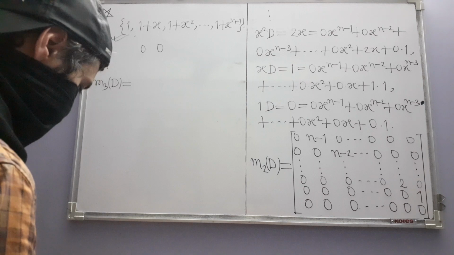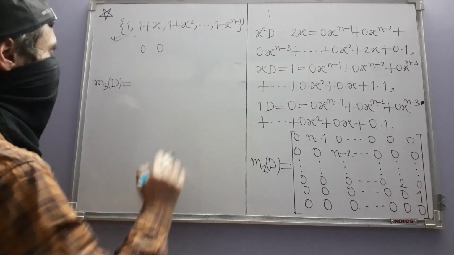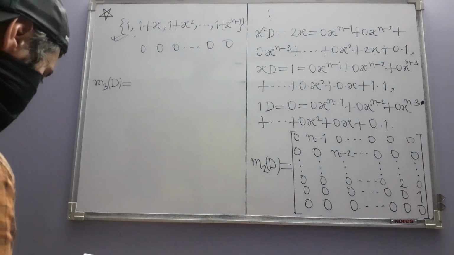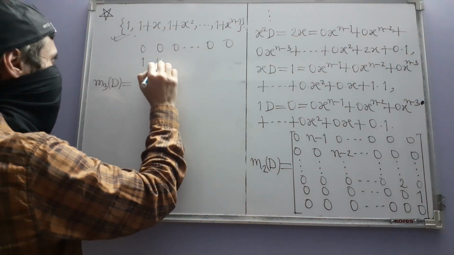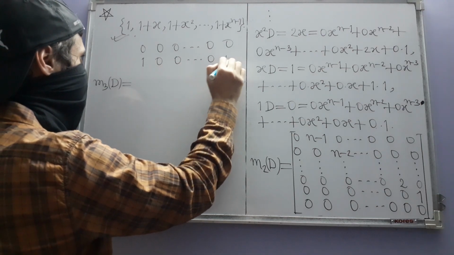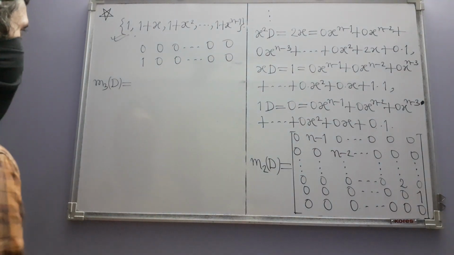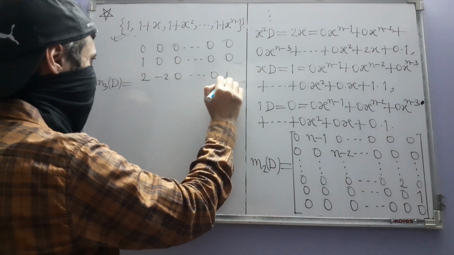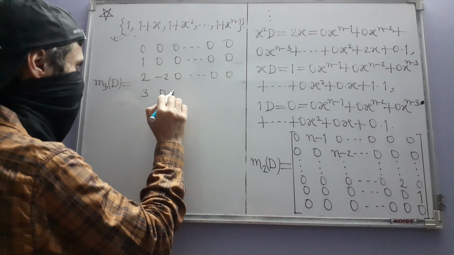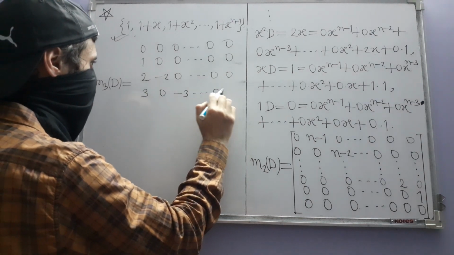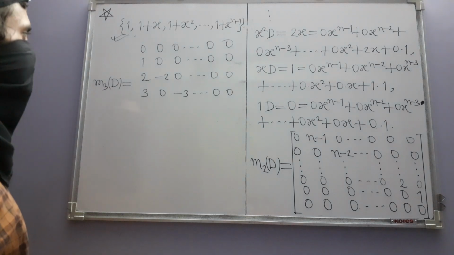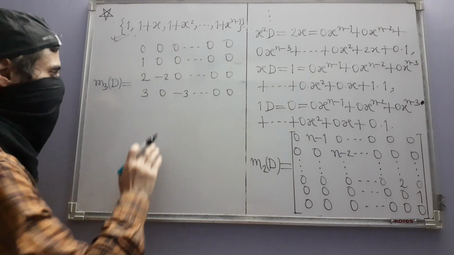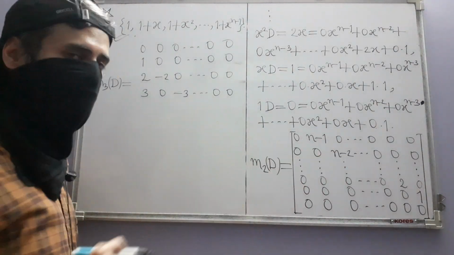Here also first 3 columns followed by last 2 columns. And then in the next row we have 1, 0, 0, 0, 0. But then in the next one we have 2, minus 2, 3, 0, minus 3. It's like these two entries are balancing each other. That's a way of remembering this matrix. But they are going further and further apart.